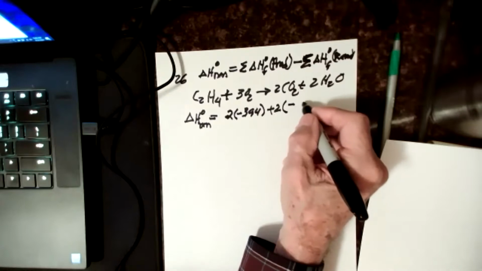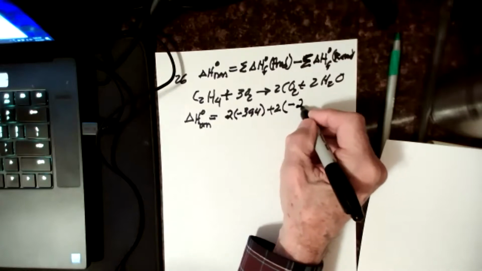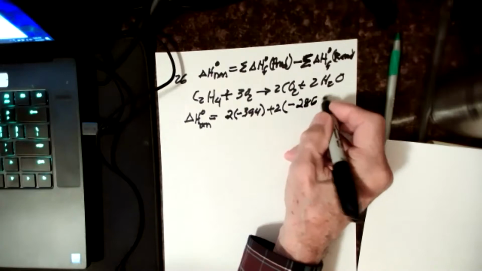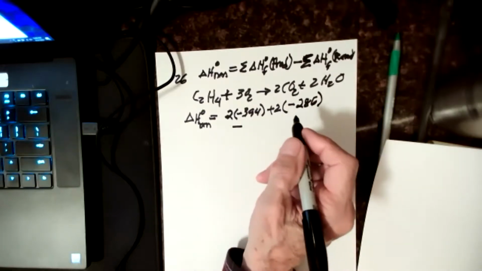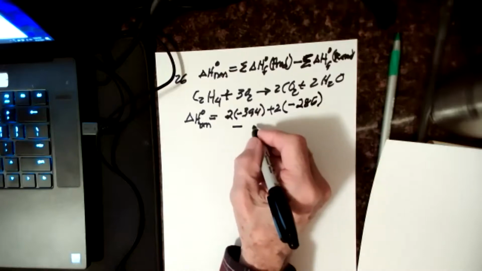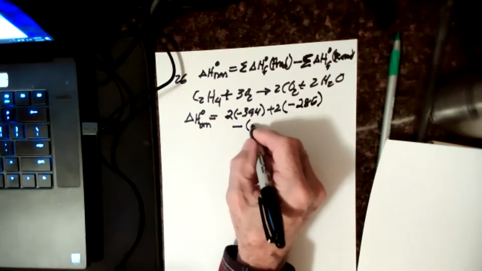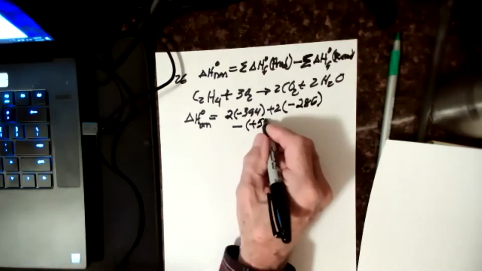It's 2 times minus 286. Now I'm subtracting off the C2H4 value. C2H4 value is plus 52.